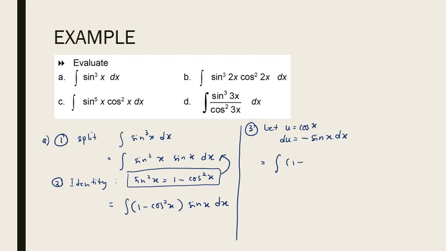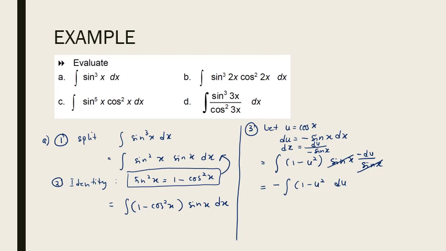1 minus u square, sin x, and dx. From du we know that our dx equals du over negative sin x. So here it is negative du over sin x, or the negative can go below. So sin x and sin x can be eliminated. We eliminate the sin x, so it becomes negative integrate 1 minus u square du.